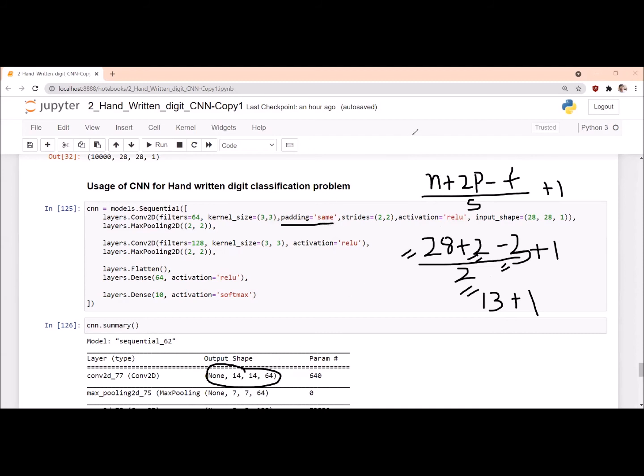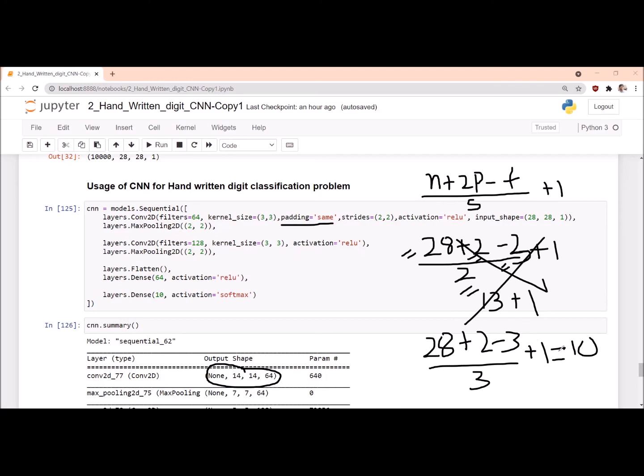Now instead of considering stride 2 by 2, we will change to stride 3 by 3. When we change the stride to 3 by 3, it will become 28 plus 2 minus 3 by 3. So it is 30 minus 3, 27. 27 by 3, 9. 9 plus 1 is equal to 10.